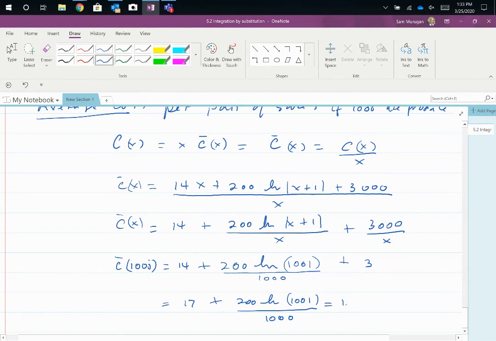So this is 17 plus 1.38, which gives me 18.38 as the average cost for producing a pair of shoes if 1,000 are produced.